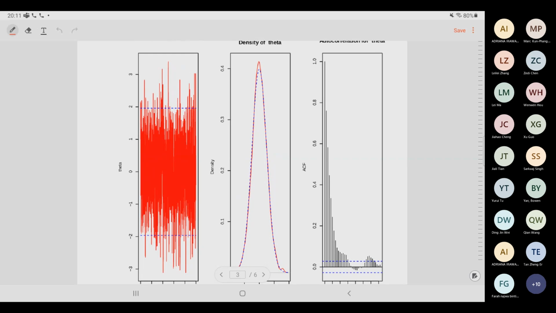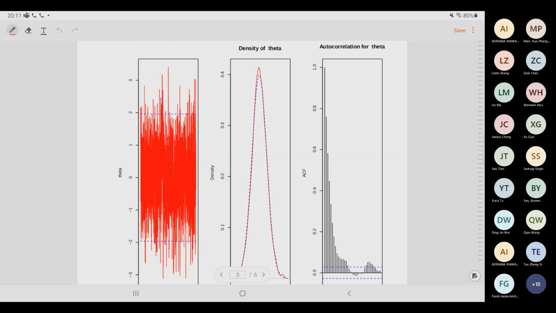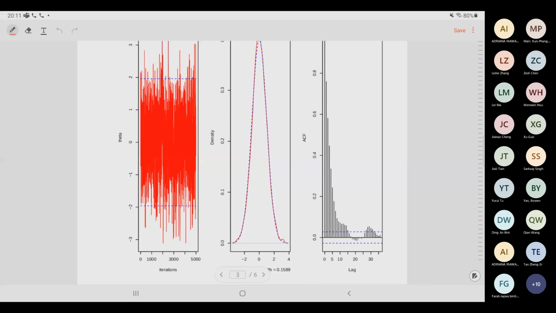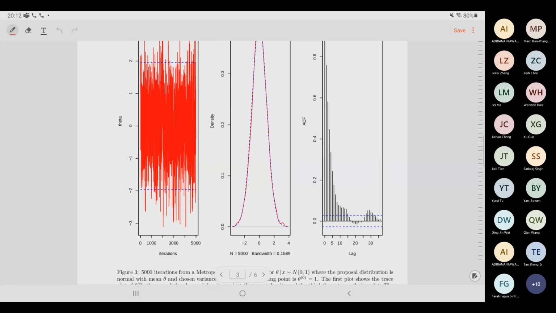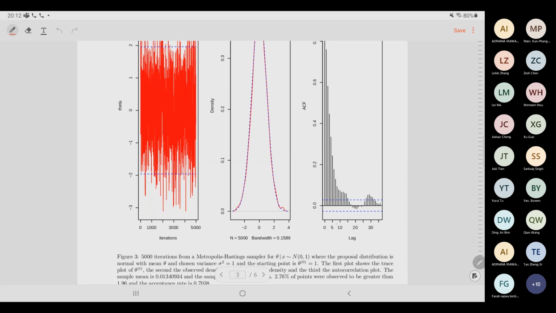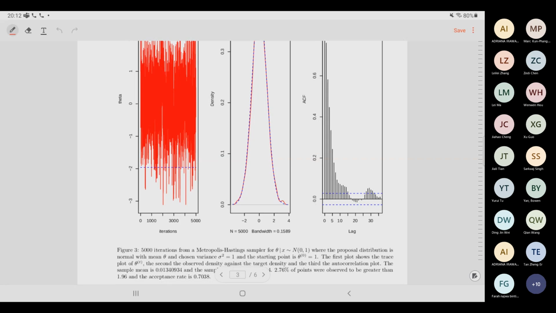No, lag means, yes, lag 1 means between successive samples, because lag 1 means xt and xt plus 1, right? Lag 2 is xt and xt plus 2. So the correlation will be between t and t plus i, usually for the autocorrelation.